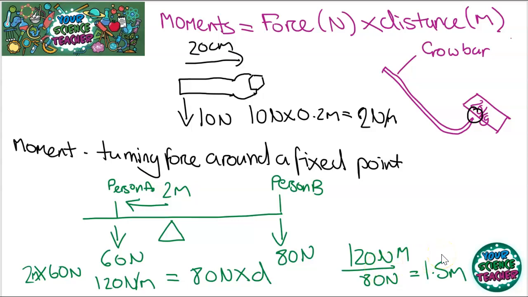And that's how to answer these moment questions. They often like to use seesaws around this pivot, so you can calculate the moment for each of the people, and you would be able to calculate either the weight or the distance that that person is away.